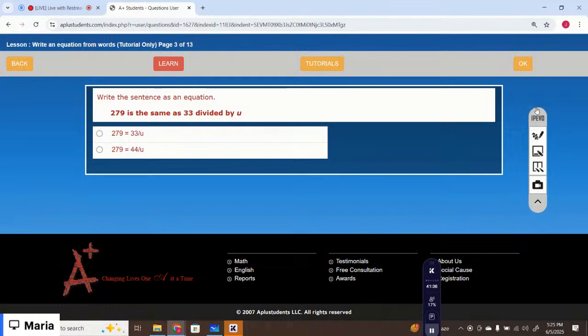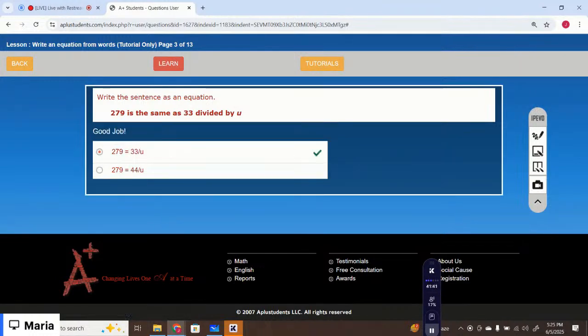Option number one is the correct option. That is 279 equals 33 divided by u. Option one is the correct option.